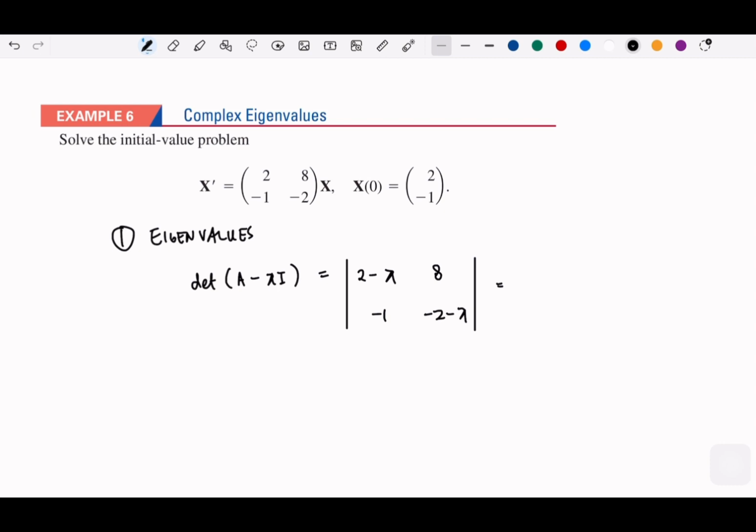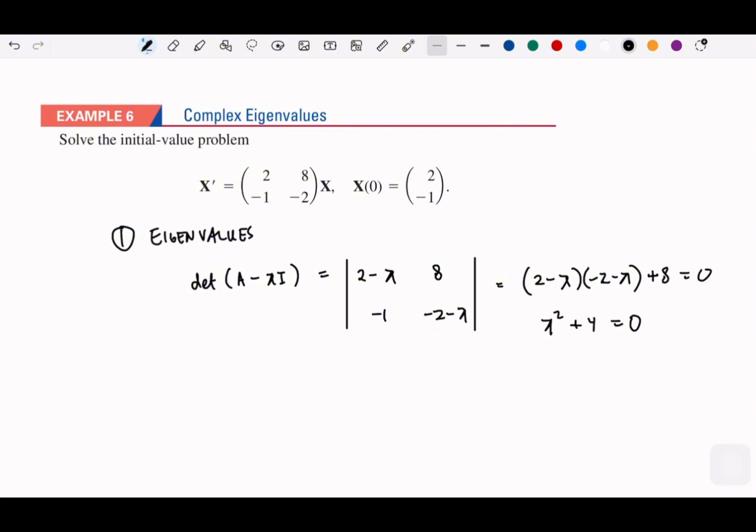Which gives us (2 minus lambda)(negative lambda) minus 8. After some calculations, we can cancel 2 lambda with -2 lambda, so we have lambda squared minus 4 plus 8, so plus 4, and this is equal to 0.